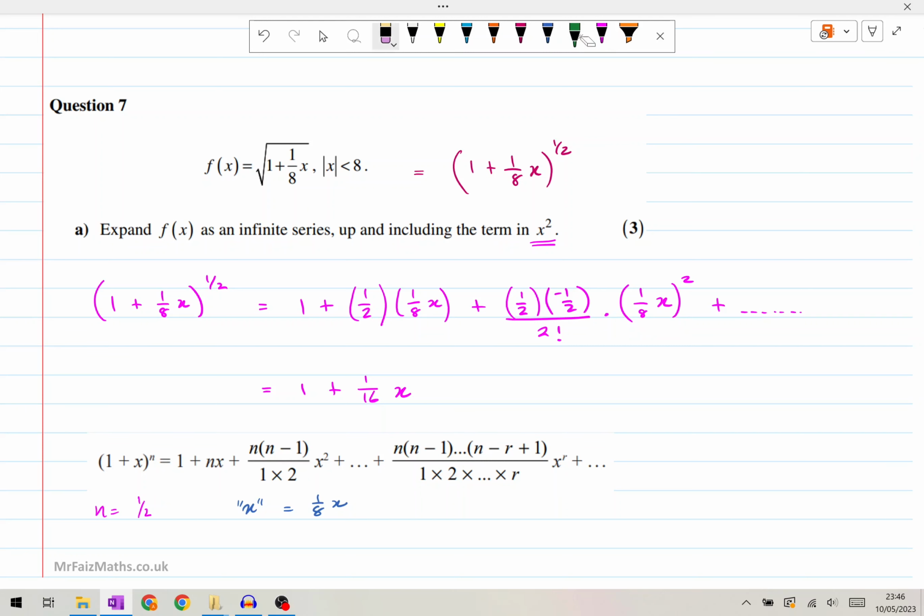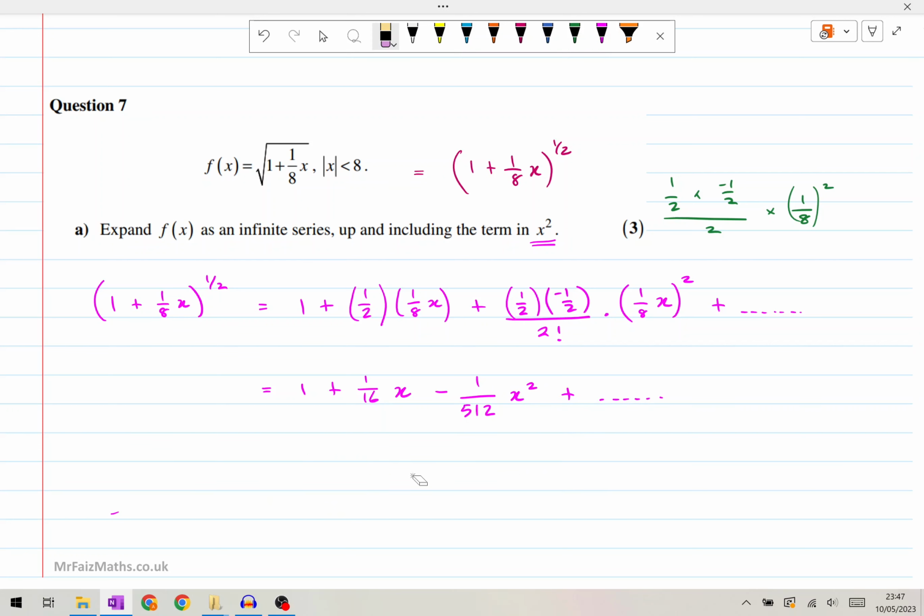So the multiplication you need to do here is a half times minus a half, divided by 2, times 1 over 64, or just 1 over 8 whole thing squared. If you did that correctly, the answer you should get for this term is minus 1 over 512 x squared. Okay, so the infinite series expansion is 1 plus 1 over 16x minus 1 over 512 x squared.